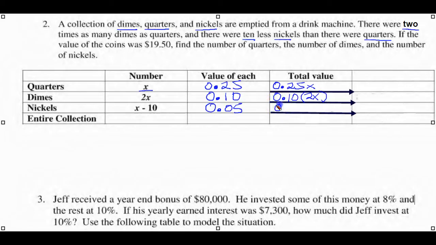And for nickels, x minus 10. So this is the value of the quarters, the value of the dimes, the value of the nickels. If we string them all together, we get our equation.